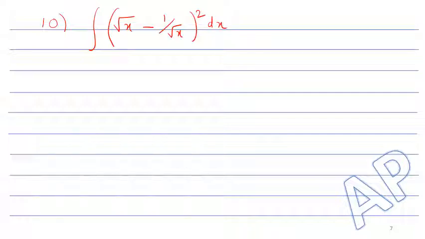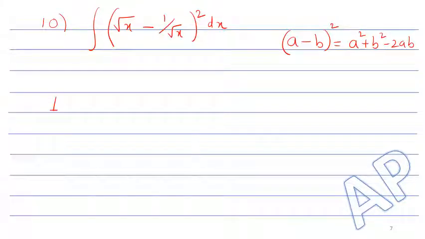Now you can look at question 10, which is integral root x minus 1 by root x whole square dx. To integrate this, let me use the formula for a minus b whole square, which is a square plus b square minus 2ab.